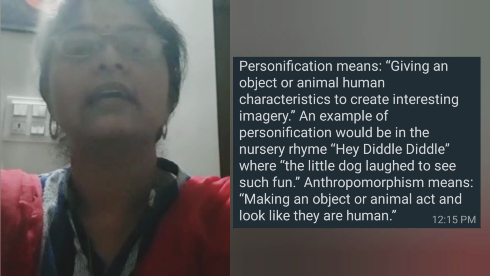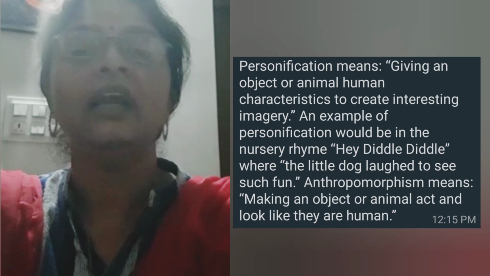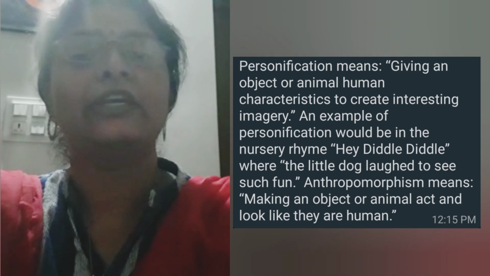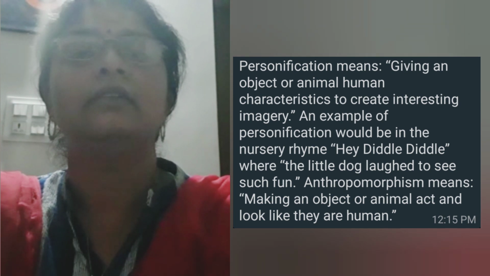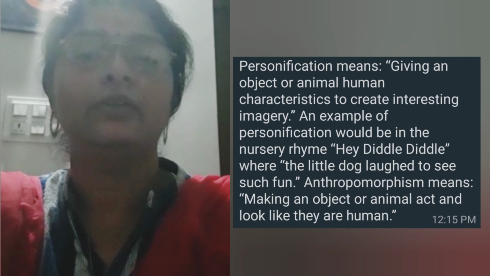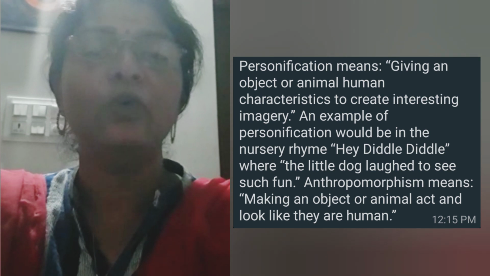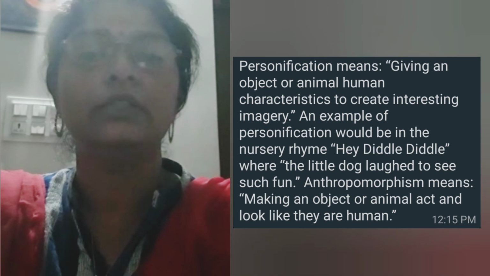So all these are human traits, and animals or non-living things are behaving like human beings, and that is known as personification. And in this poem, an oak tree is personified.